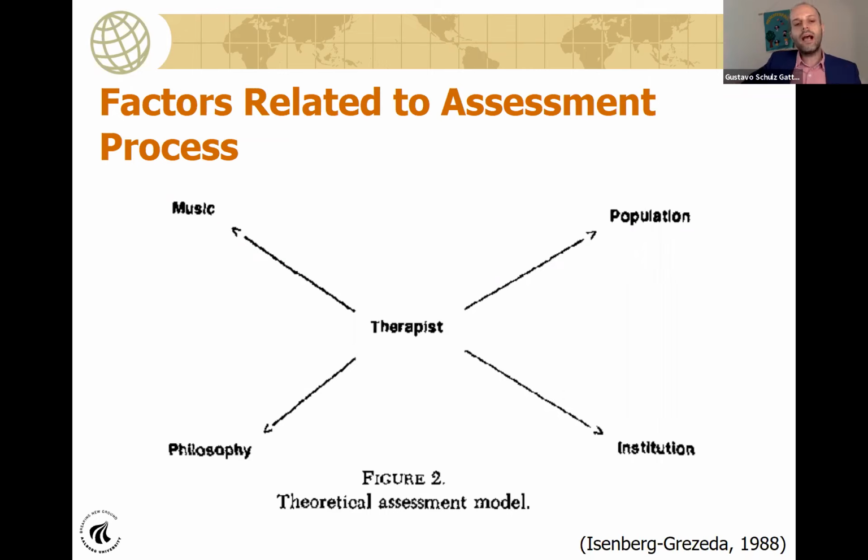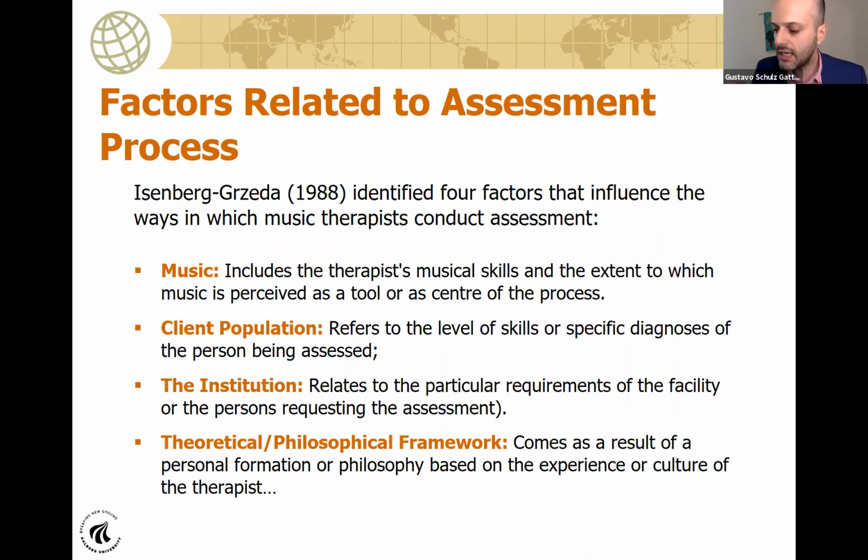So now I would like to give you more details and discuss this topic a little bit with all of you. Here again we have these four factors, and I would like to discuss each of them. First of all, the music.